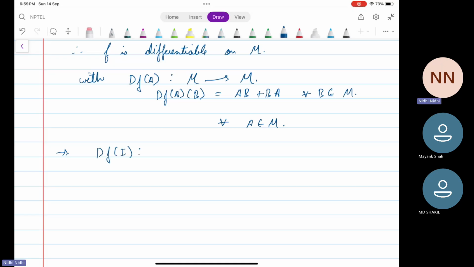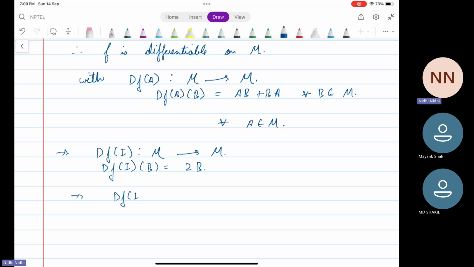DF_I is a map from M to M, and DF_I at any point B is B plus B, so that will be 2B. So eventually, if we try to represent this derivative map by some matrix, it will be a diagonal matrix with diagonal entries 2.